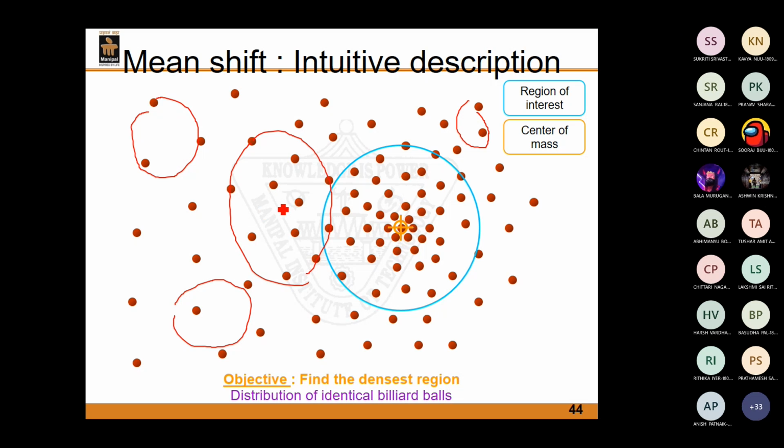If it is, for example, over here, the direction would be towards this side. Or if the initialization was somewhere over here, then this would have been directed like this. So wherever the initial region of interest is, it wouldn't affect where the mean shift algorithm finds the densest region, because in all the cases it will just calculate the center of mass and keep moving towards that to reach the densest region.